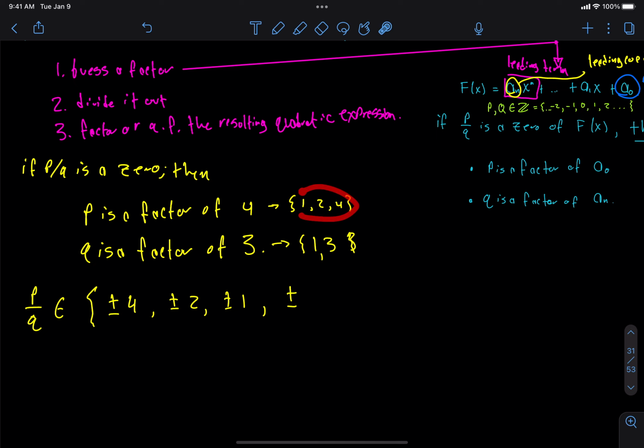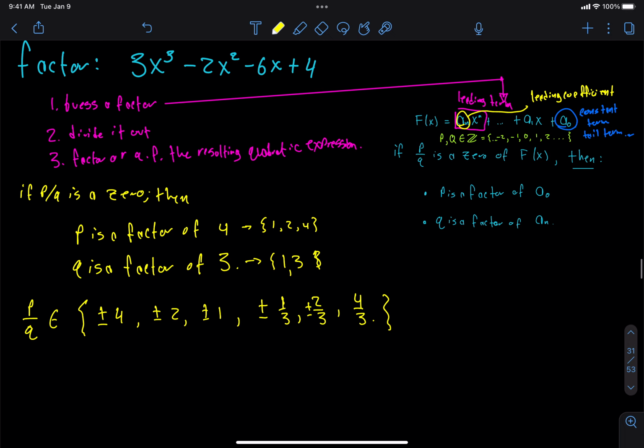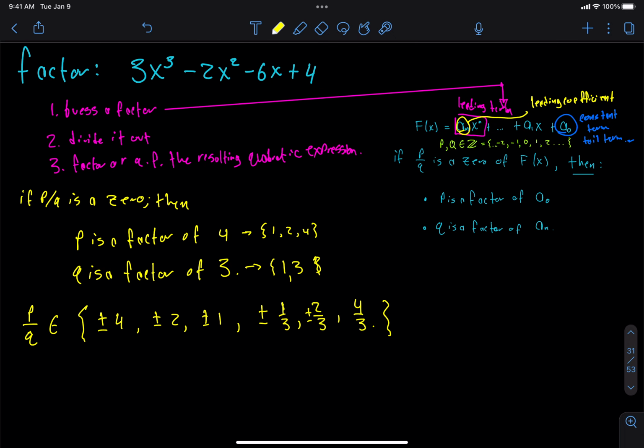Those were when the denominator was 1 and the numerator was one of 1, 2, or 4. And then the other ones will be when the denominator is 3, and the numerator will be one of 1, 2, or 4. So that gives us 1/3, 2/3, and 4/3. Okay, so now we have a list of plausible zeros.